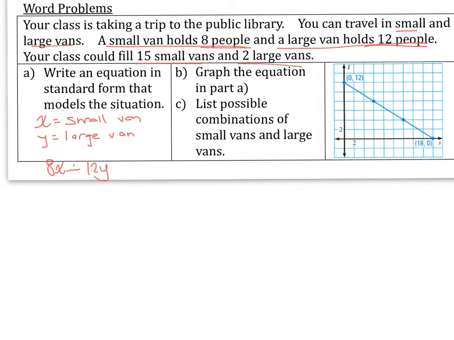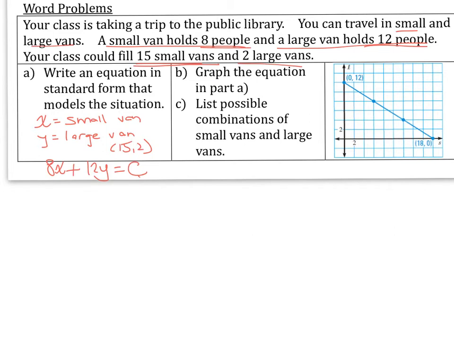And we can add that together and set it equal to C, which will be the total number of people, but right now we don't know what C is. So the last sentence gives you that your class could fill 15 small vans and 2 large vans.